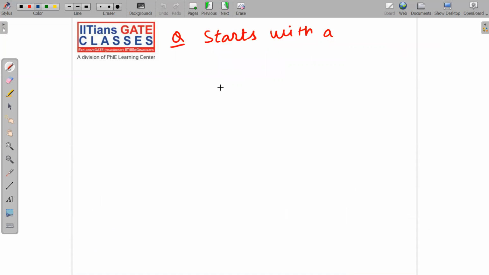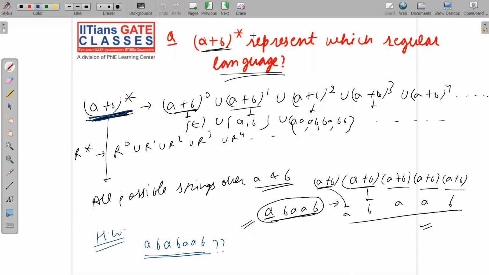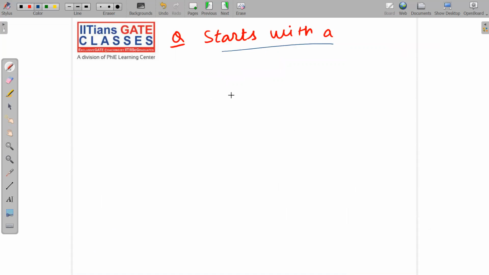Now this is a very important point, that's why I have spent a lot of time on it. Now I am taking the binary alphabet {a, b}, and I want to give you a question. I'm writing in shorthand.